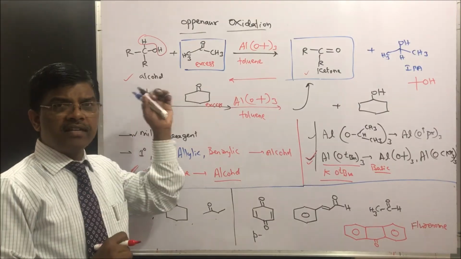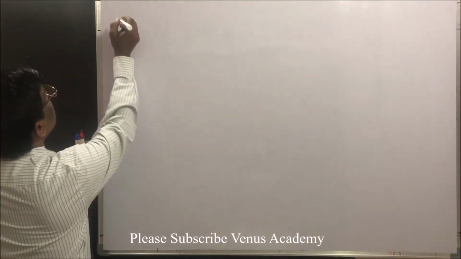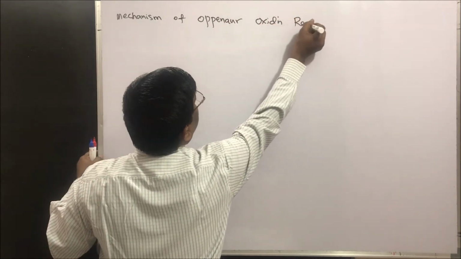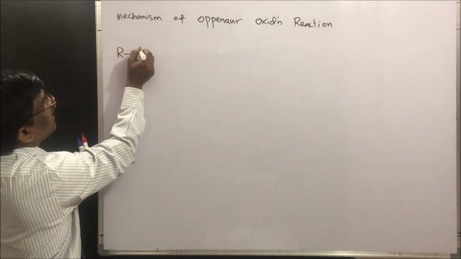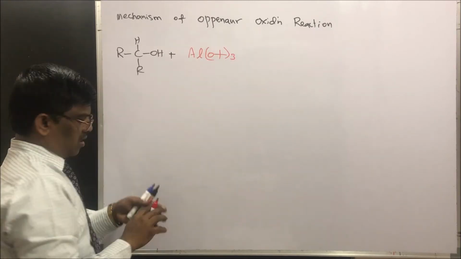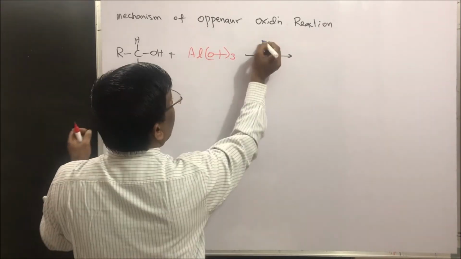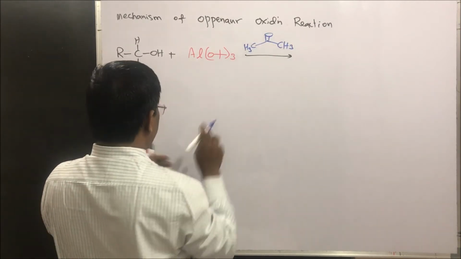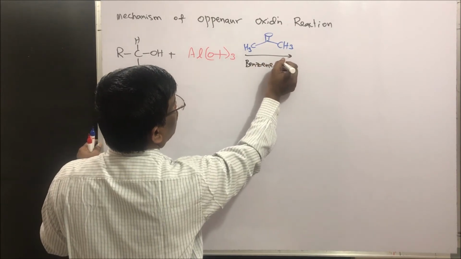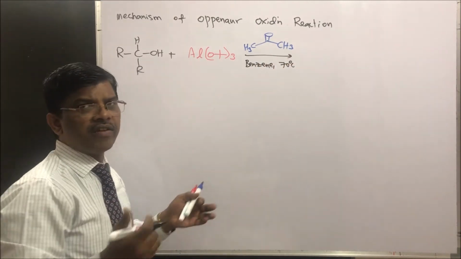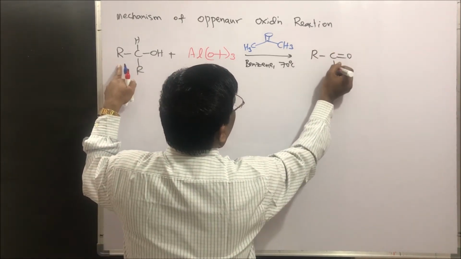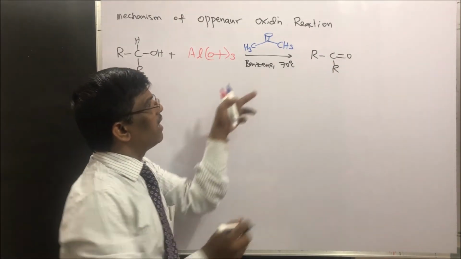Let us see its mechanism. Yes, students, let us see the mechanism of the Oppenauer oxidation reaction. If I take an alcohol in presence of aluminium tertiary butoxide, using acetone as hydrogen acceptor, in benzene or toluene, let us take benzene, at about room temperature to 70 degrees, it can be done. I am going to get the oxidized product, either aldehyde or ketone.